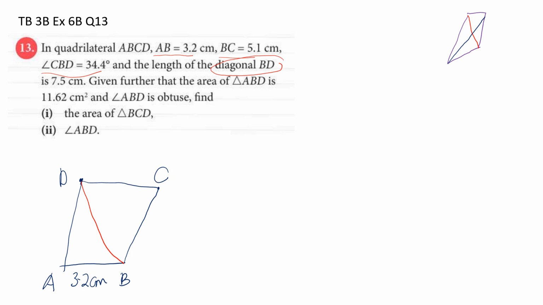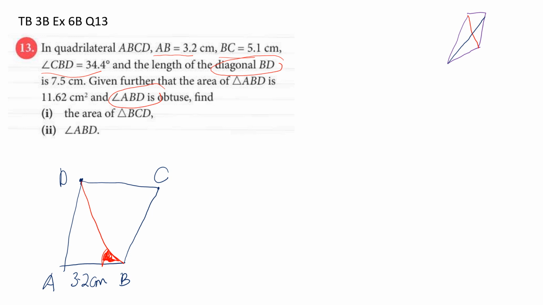And you're told that angle ABD is obtuse. That means this angle must be more than 90. But looking at the diagram we have just drawn, your angle ABD does not look obtuse. It's an acute angle. That gives you an idea that my point D is not correct. Point D should be more in the position of point C to make ABD obtuse.